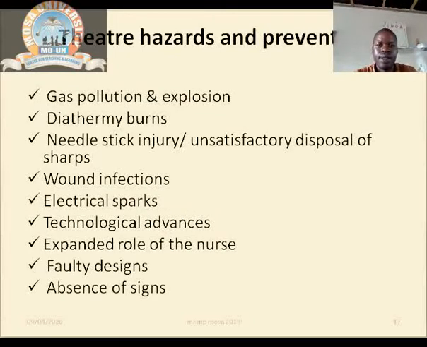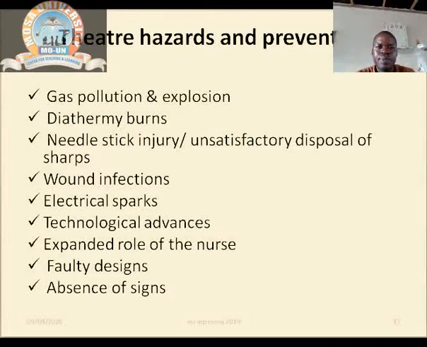Let's look at theater hazards and preventions. We have gas pollution and explosion. In theater, we have oxygen cylinders, and we need to take care of them. They can be a source of hazard, especially when people start smoking when they are closer to these.